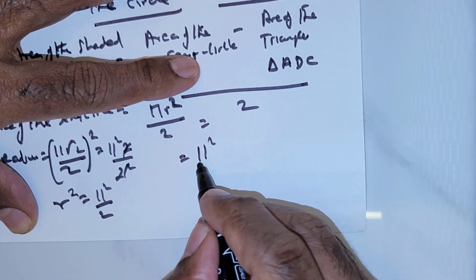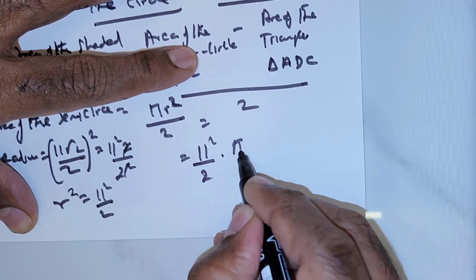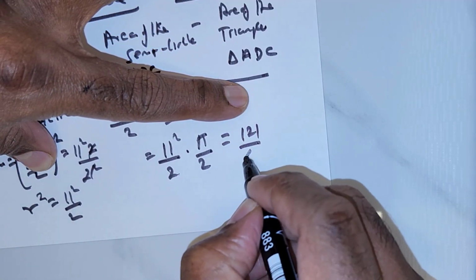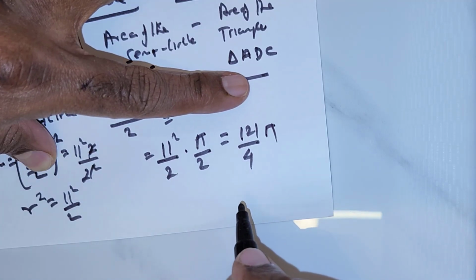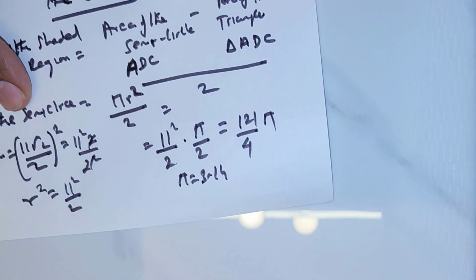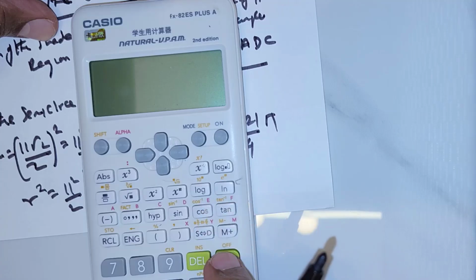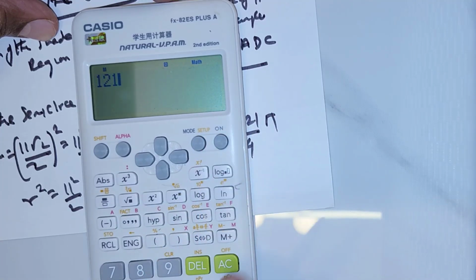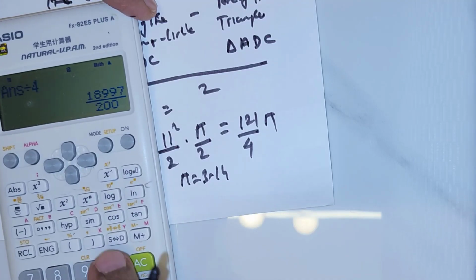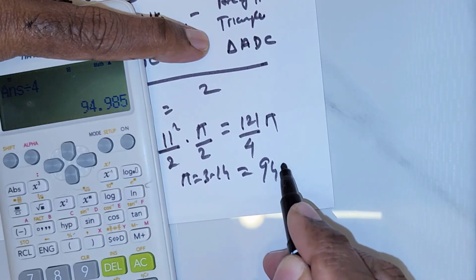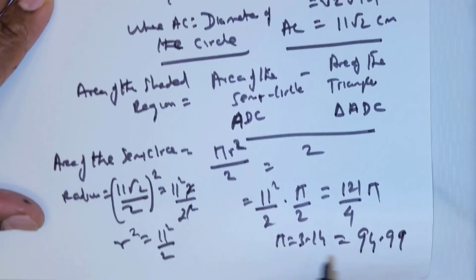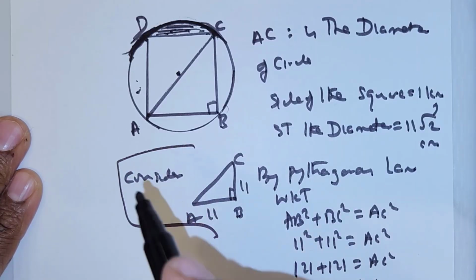So this is nothing but 121 divided by 4 times pi. Now you can use the value of pi as 3.14. So what do you get? 121 multiplied with 3.14 divided by 4. You get a value of 94.99. You've got that value. Now let me go and find the area of the triangle.